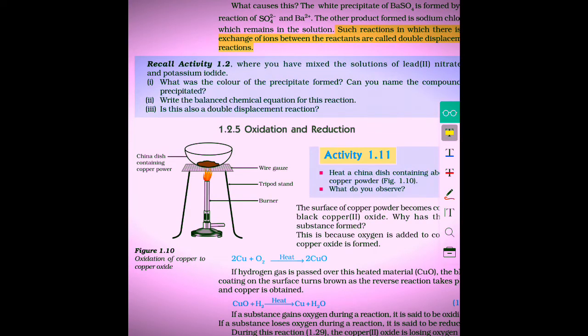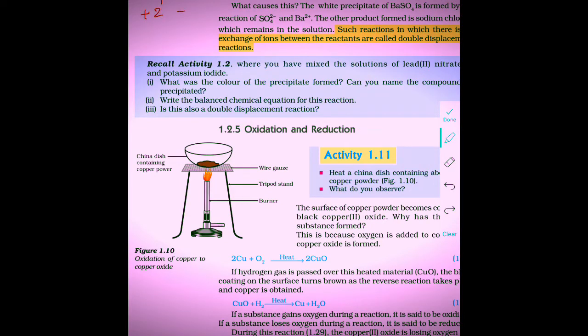What was the color of the precipitate? The color of the precipitate was yellow. Can you name the compound precipitated? Now we know that lead nitrate is Pb(NO3)2 plus potassium iodide KI. The bond between Pb and NO3 and between K and I will break.